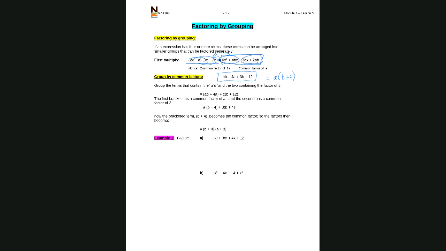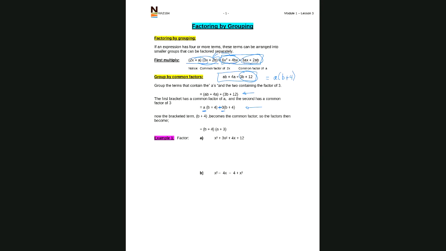And the last 2 terms have a common factor of 3. So I kind of grouped it in order. Sometimes you have to change the order, but this order makes sense. And this is the line where you factor the a out and you factor the 3 out. Now please put a plus here in front of the 3, not a multiply.